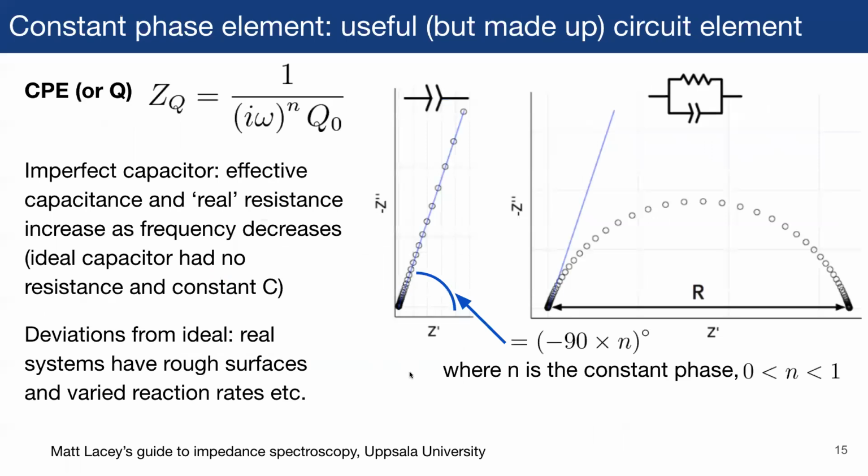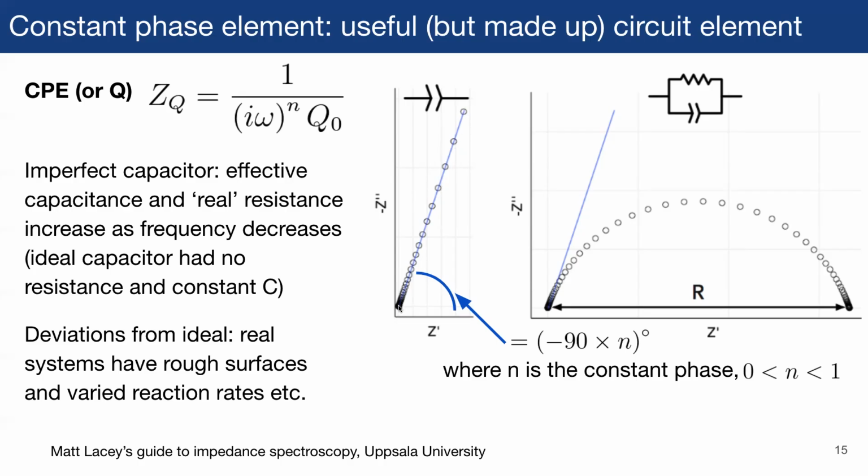Now, another component that's used quite commonly is the constant phase element. It's an invented circuit element, but it's used because in a lot of instances we have very imperfect capacitors. So we actually end up with a certain offset relative to what we're supposed to see.